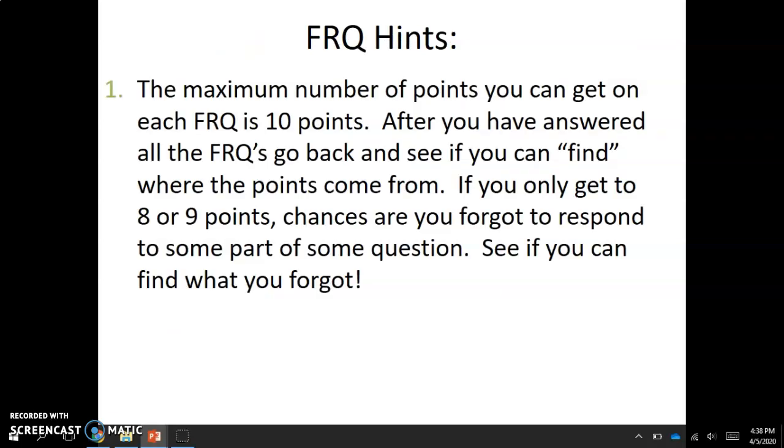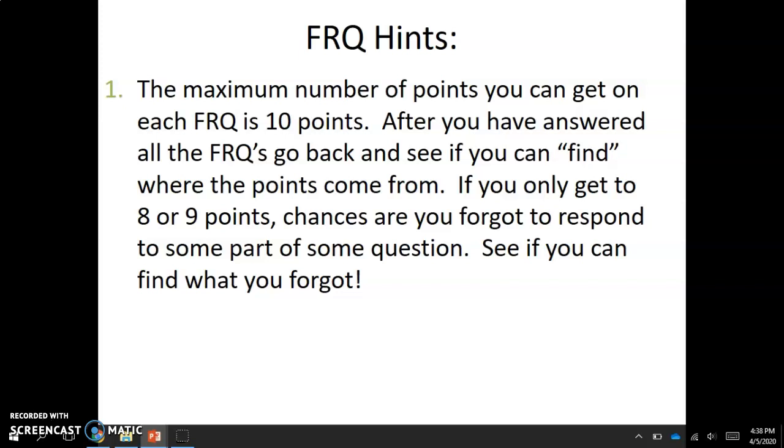So here are just some general hints. The maximum number you can get is 10 points. I'm assuming that's still the case. After you've answered all the FRQs, go back and see if you can find where your points came from. If you only get to 8 or 9, chances are you forgot to respond to some part of the question, because you have to remember, make sure you are reading these questions in their entirety and answering every single thing that they ask for, okay?